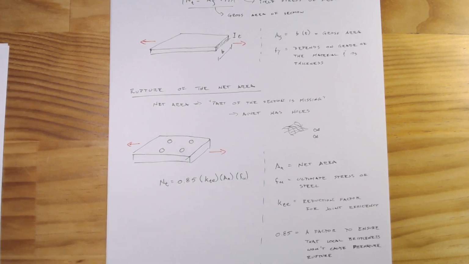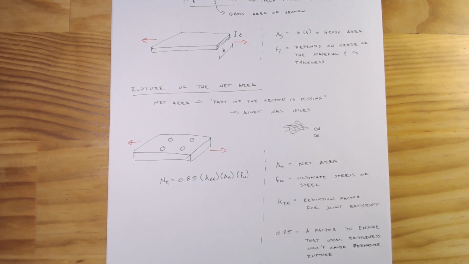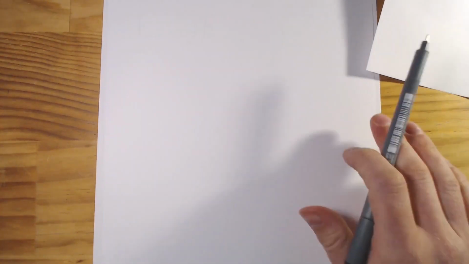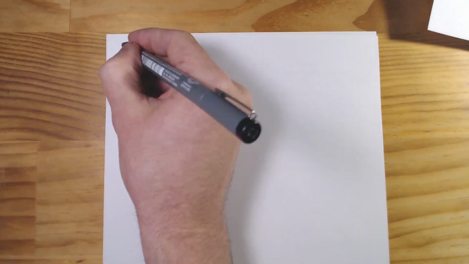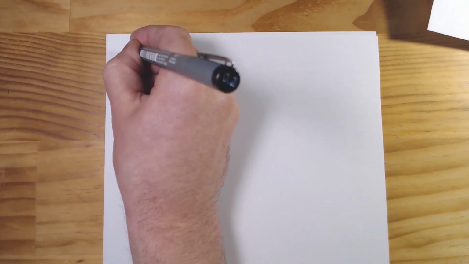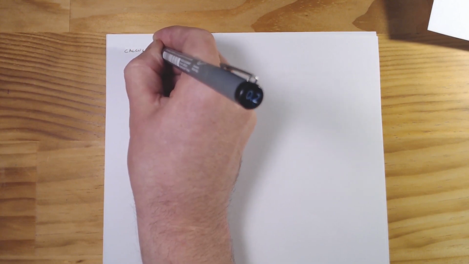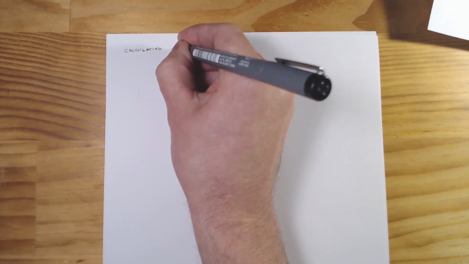Much like when we had the yielding of the gross area, I think what would be worthwhile is spending a little bit of time looking at this net area calculation and how we would go about that. So just go over to another page, and we would say for calculating the net area.